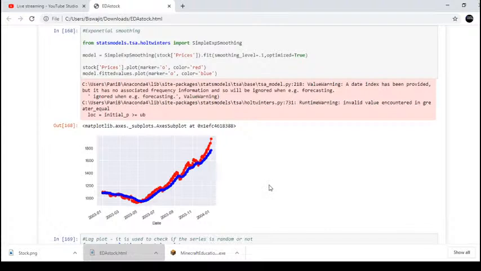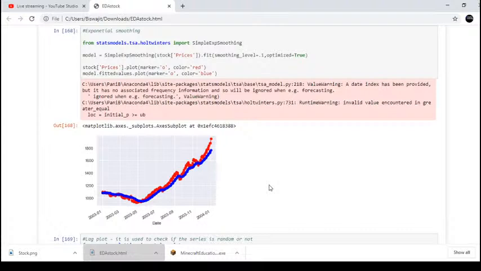It's not theoretically that sound compared to ARIMA, but it's much easier to build, right? You do not have to do much. You just select some basic parameters and then it will automatically forecast for you.